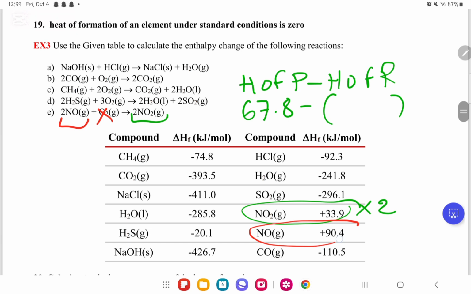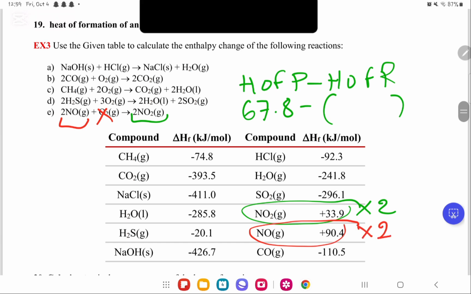This is NO gas. So times 2, 90.4 times 2, which is 180.8. So if we are going to solve it, it's going to be 67.8 minus 180.8. It's going to be negative 113 kilojoules.